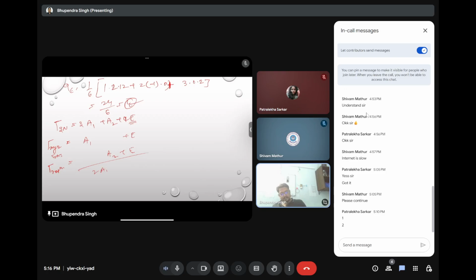So after subtracting from this, this is your vibrational representation. So the total is 2.